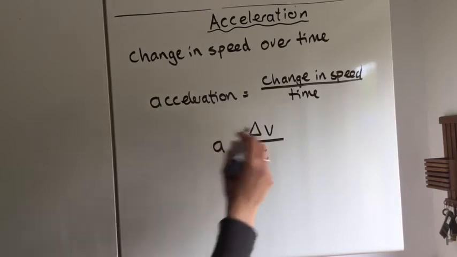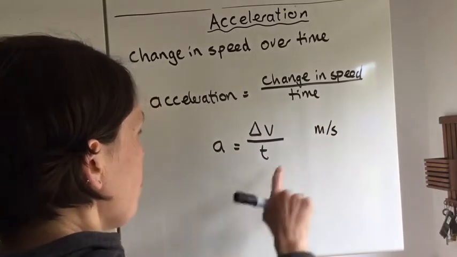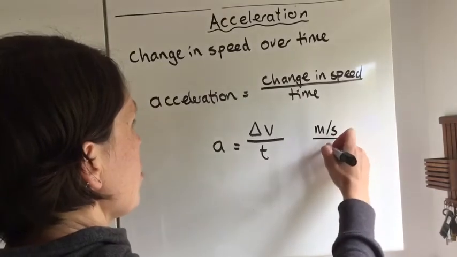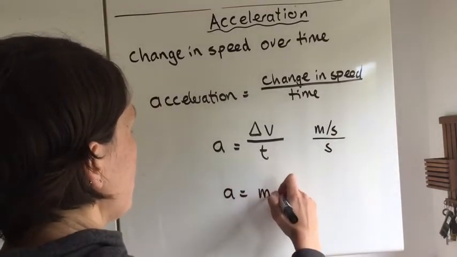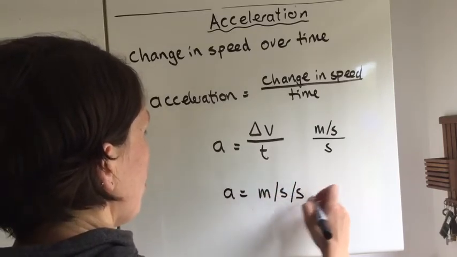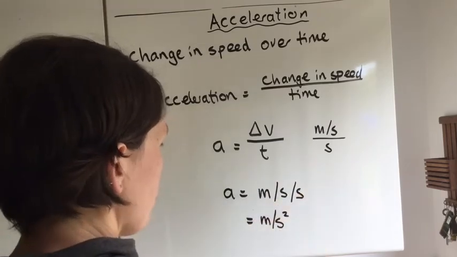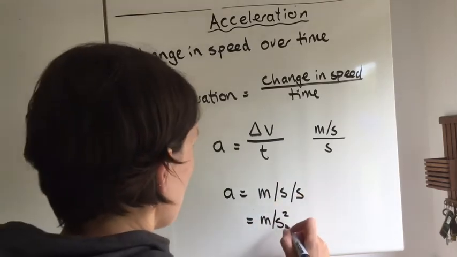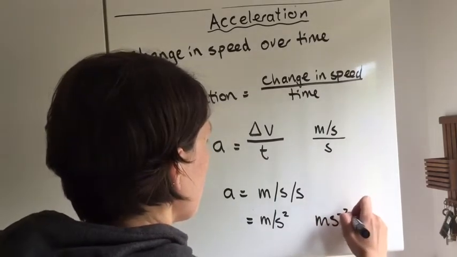Okay. Now, because velocity is measured in meters per second and time is measured in seconds, what that then means is that units for acceleration end up being meters per second, which we write as either that, so m-s to the squared basically, or ms to the minus 2.